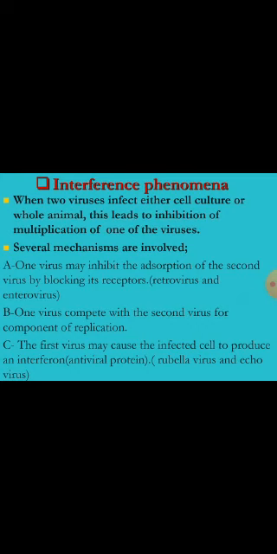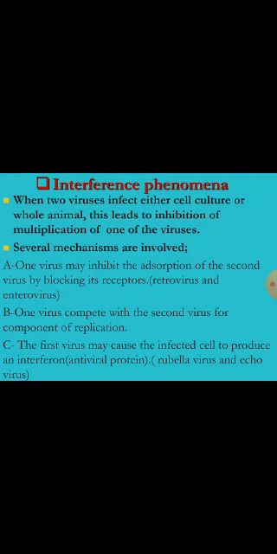Interference phenomenon. When two viruses infect one cell, this leads to inhibition of multiplication of one of these two viruses. Several mechanisms are involved. Number one, one virus may inhibit the absorption of the second virus by blocking its receptor, as in case of retrovirus and enterovirus.